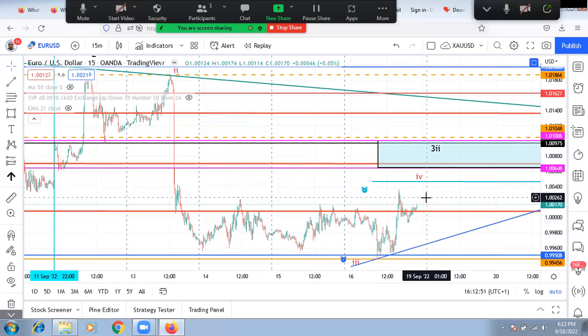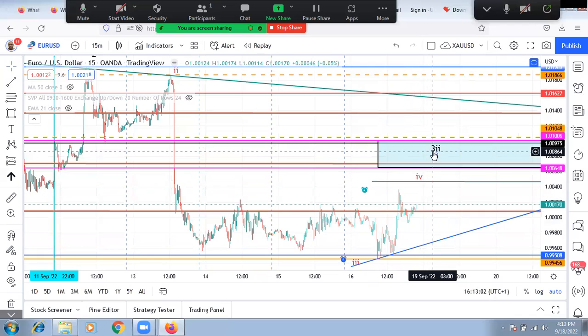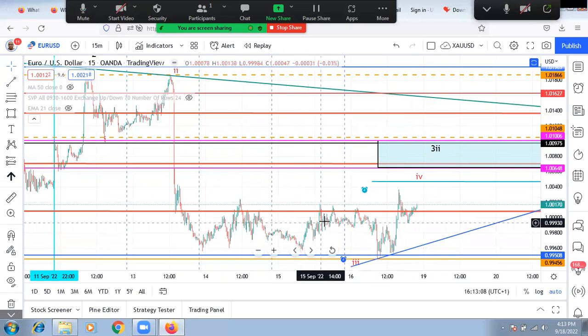So what I'm saying is that we need to complete wave 4 to the upside, then finish up wave 5 to the downside, before we start the correction of wave 3-2. This structure is not completed for the 5.